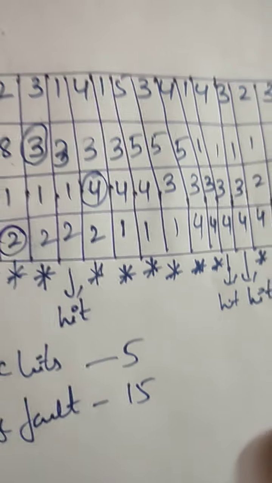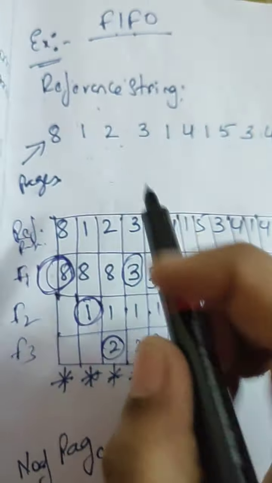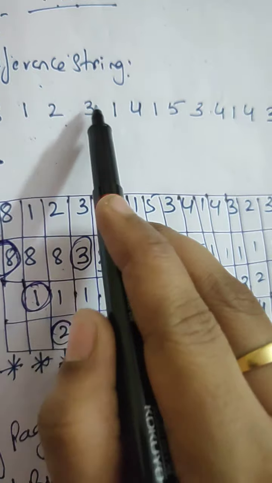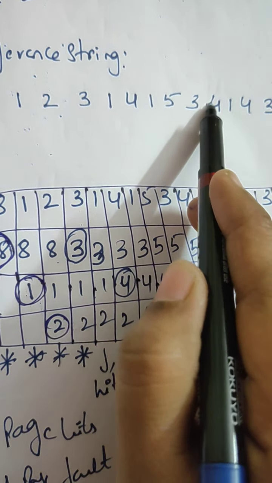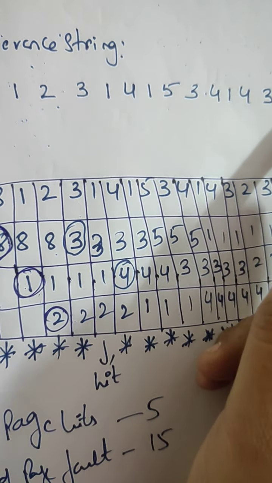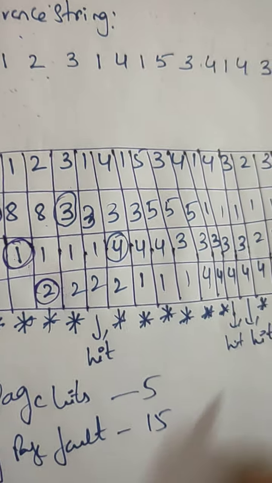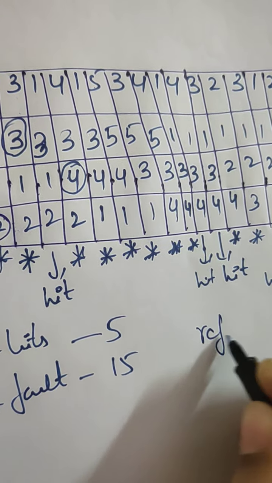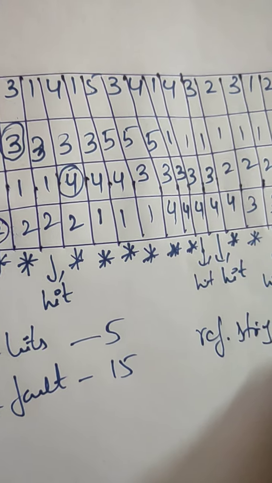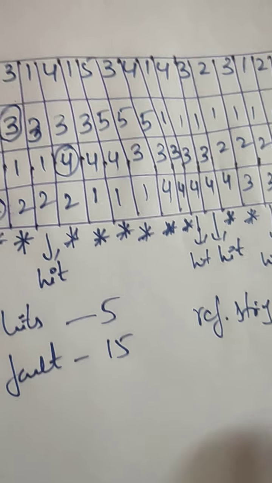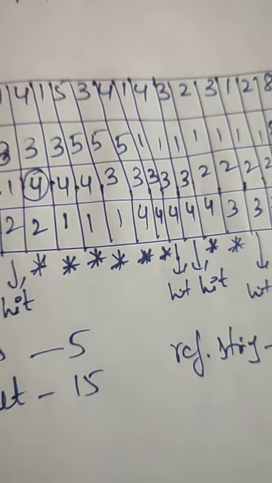So how many reference pages are there in total? 20 reference pages, so the reference string is of length 20. Now you can calculate the ratio.